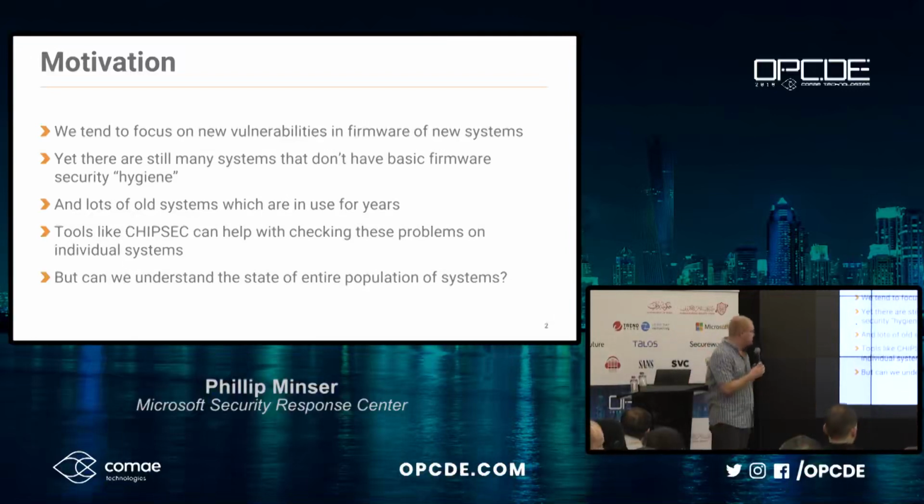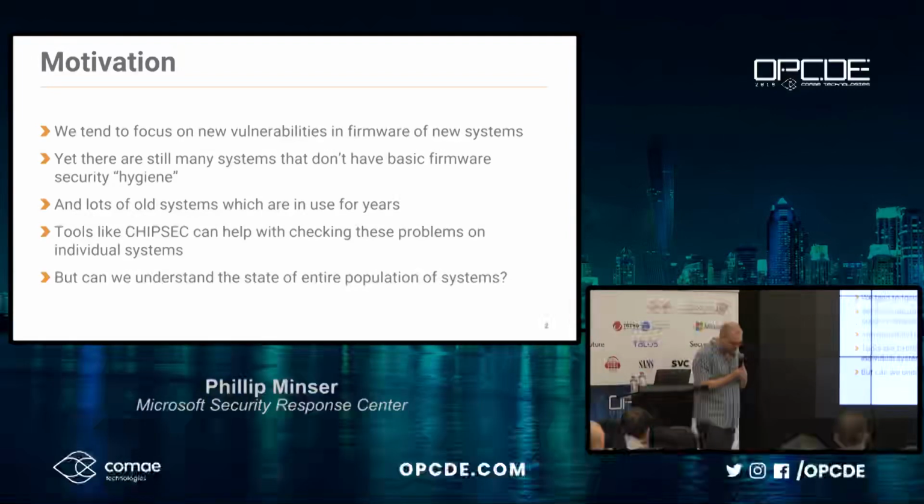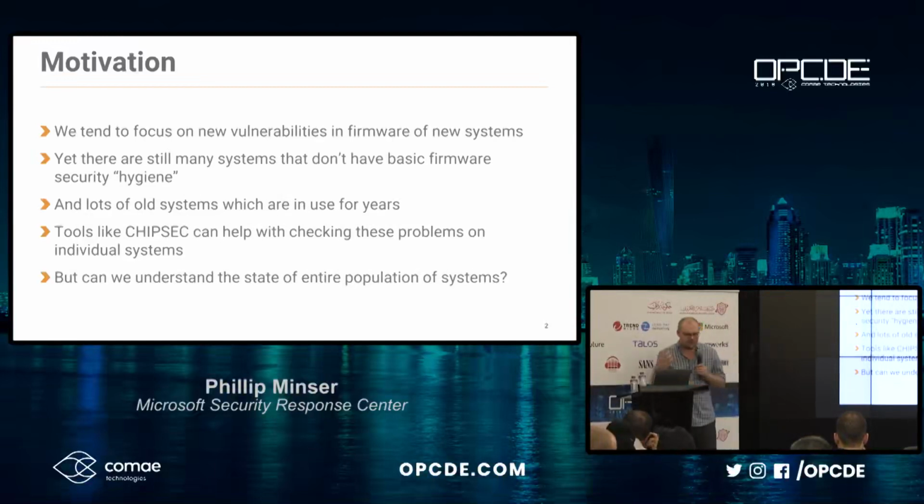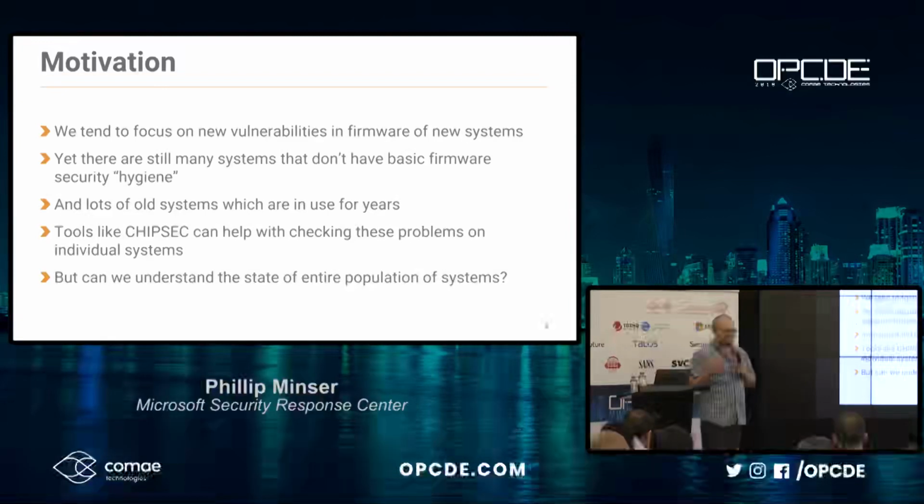Another couple of words about motivation. Usually when you need to investigate the system, you need real access to the system. But as I mentioned, you want to run the test over all of the instances, and how can you do that? That was what we asked ourselves when we started this research. In the end, we will see that it is possible to make an investigation based on the firmware update images.